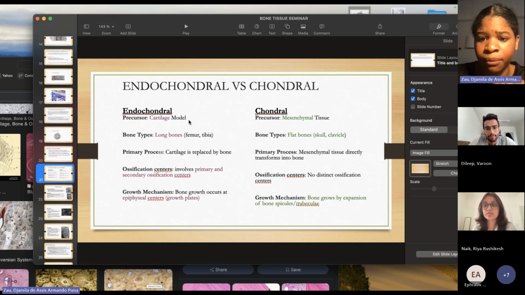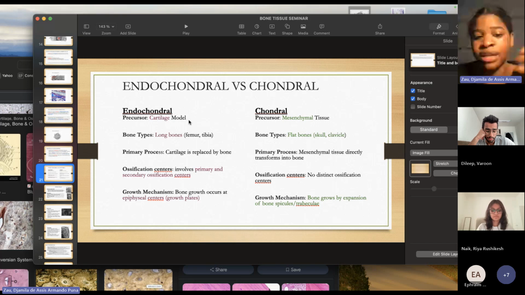Here we said that for endochondral, cartilage is being replaced by bone, while for the other, the cartilage is directly transforming into the bone. Ossification centers, we said, involve primary and secondary, and here there are no distinct ossification centers. Growth mechanism: bone growth occurs at the epiphyseal centers, while for the other, we have the expansion of the bony spicules, etc.